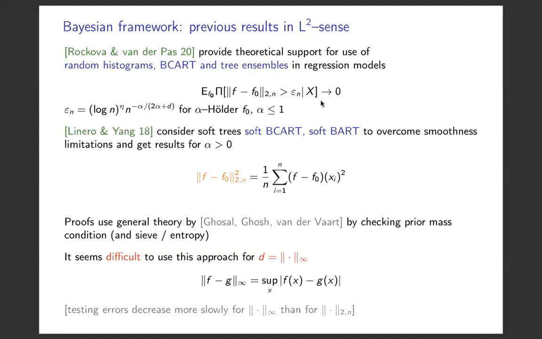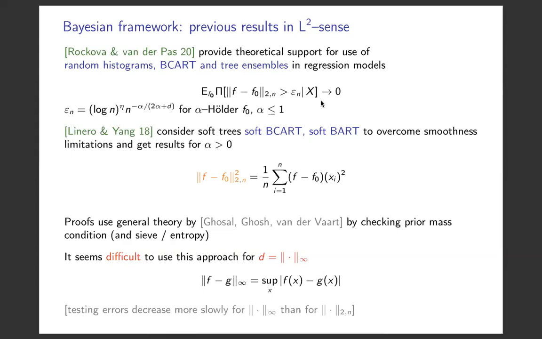They were published at slightly different times, but there is the work by Veronika Ročková and Stéphanie van der Pas, where the authors prove a convergence rate in terms of a quadratic type risk, the empirical one at the design points. They get a near optimal rate up to log factors for alpha-Hölder functions, where alpha is at most 1, and this restriction comes from the fact that you look at histograms.